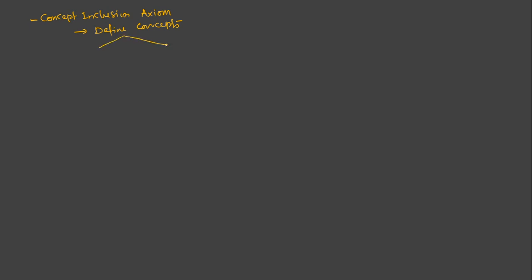ways. We can make the concept that we are defining, say C, to be equivalent to some expression. This is one form. The other form is we are making this C to be a subclass of, say, another class expression, say C1.